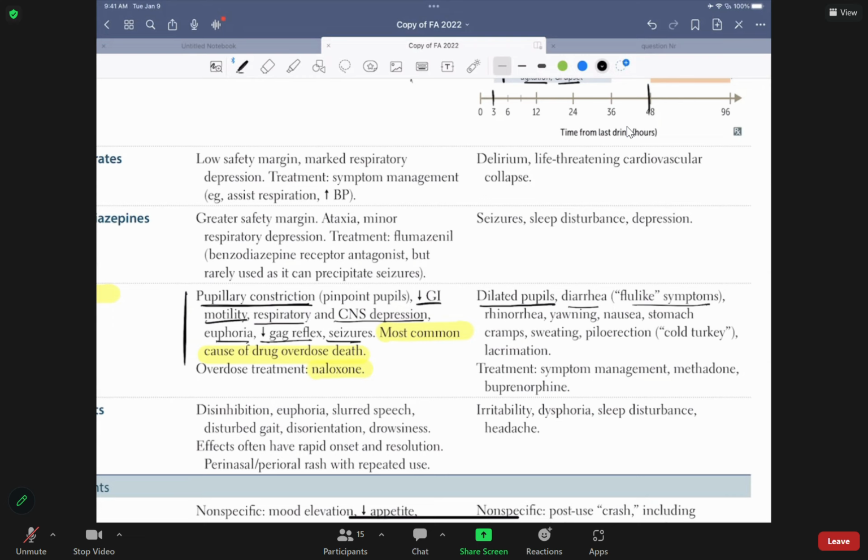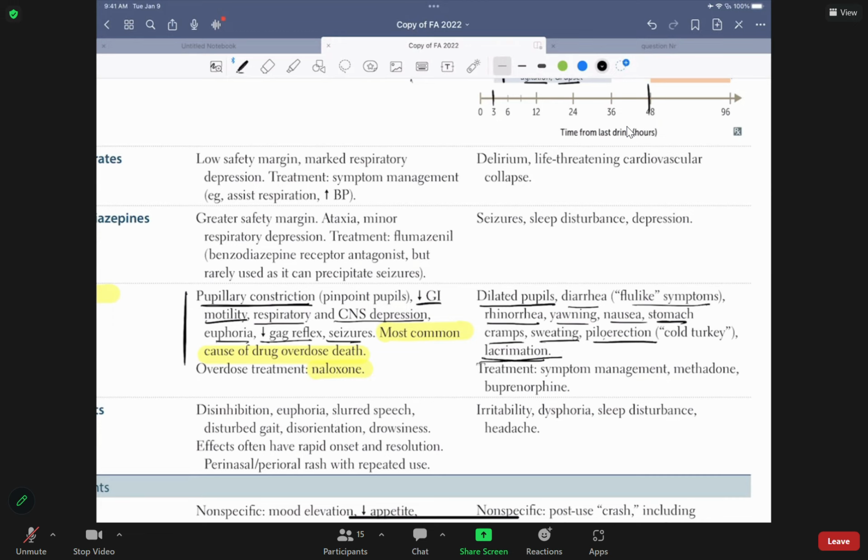Okay, flu comes in certain months of the year. So these people will have everything a flu patient would have. Look at this, folks. Rhinorrhea, yawning, nausea, stomach cramps, sweating, piloerection, what we call colic, lacrimation, watery eye, everything, okay? So that's flu-like symptoms.